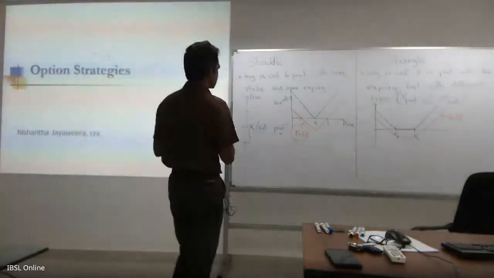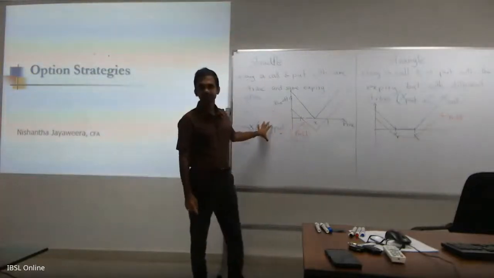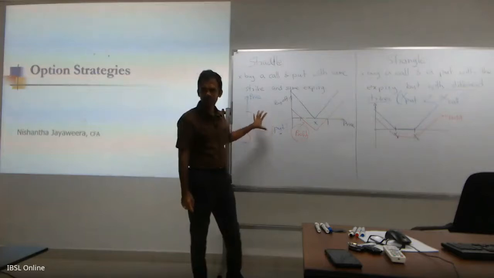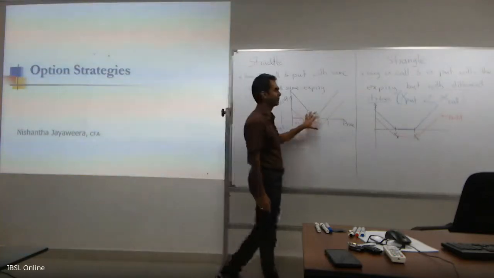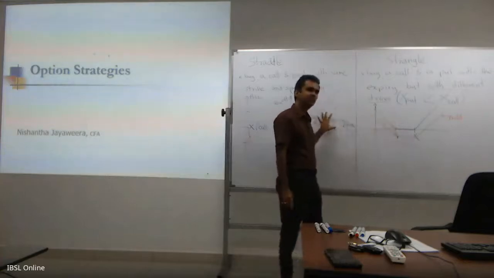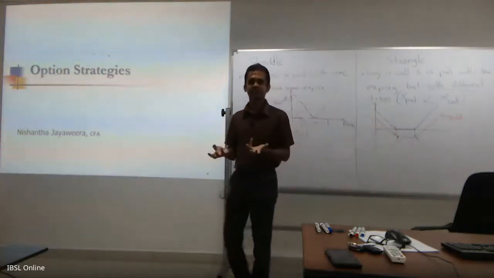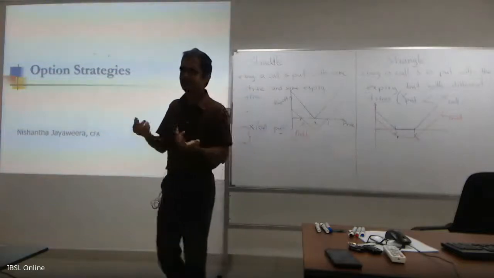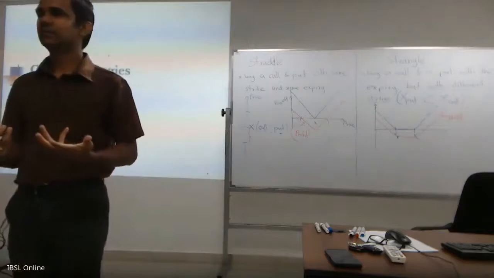So we discussed straddle and strangle when we buy them. We buy this strategy. These are the payoff and profit diagrams when we hold this. We can also sell this. If somebody is buying, there should be another party to sell.